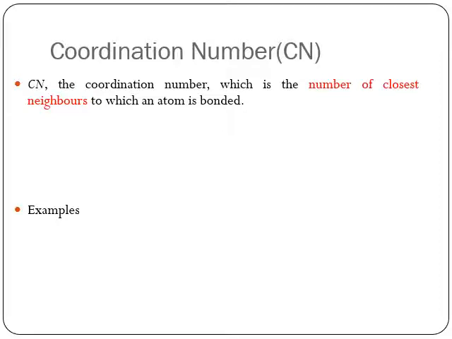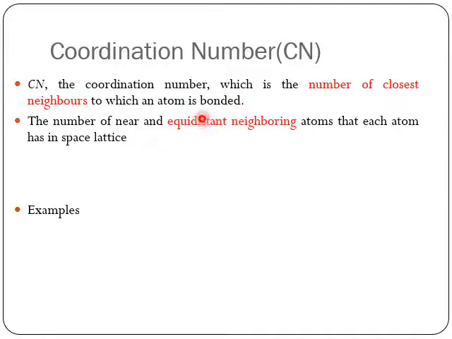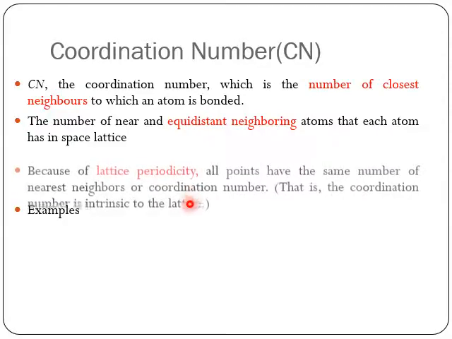The closest neighbors to which an atom is bonded, and a very important thing is equidistant neighbors. If you take any surrounding, there should be equidistant atoms surrounding the atom.